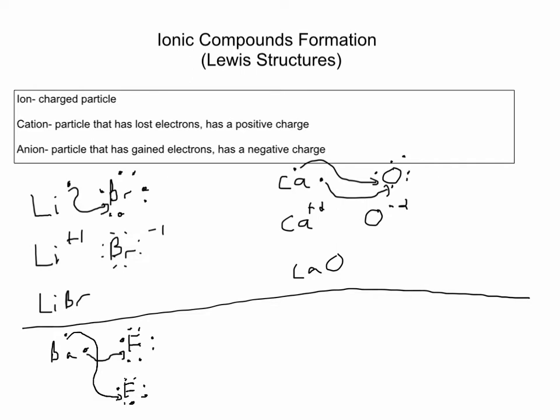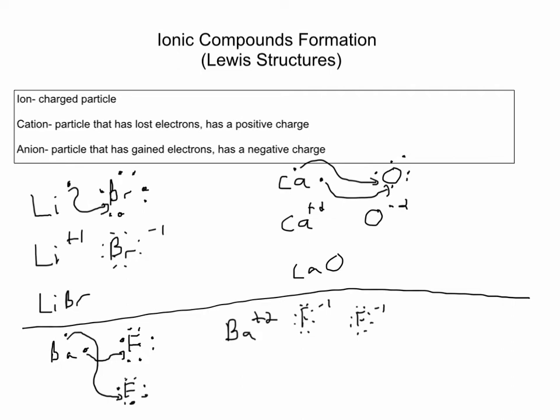So what we end up with is barium with a plus 2 charge because it lost 2 electrons, and then 2 fluorines, which now have complete octets, with -1 charges, because each fluorine gained 1 electron. Gaining 1 electron gives a negative charge. Losing 2 electrons gives a positive 2 charge.